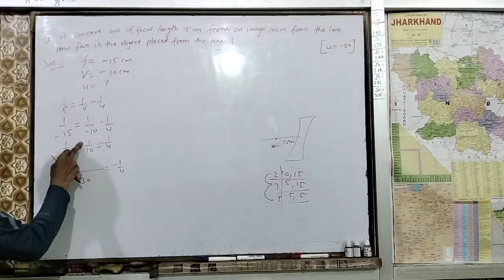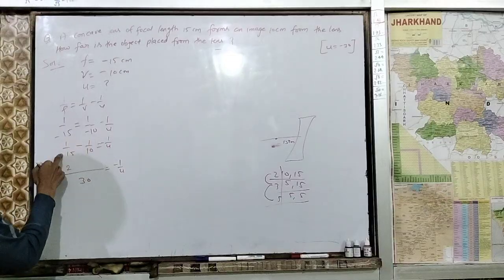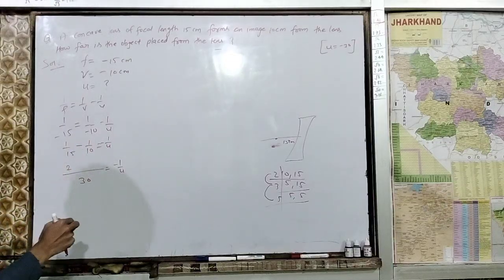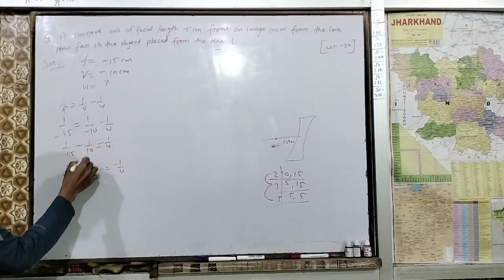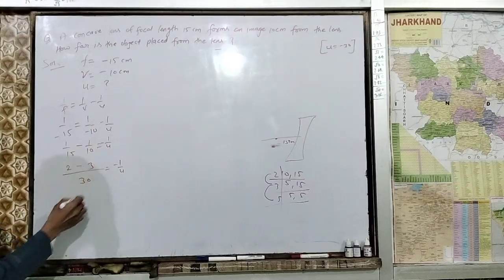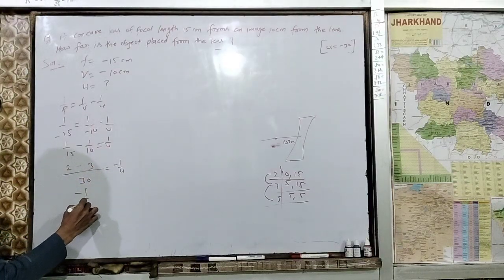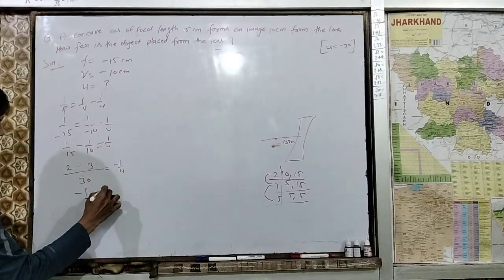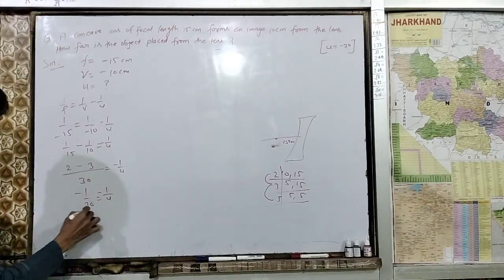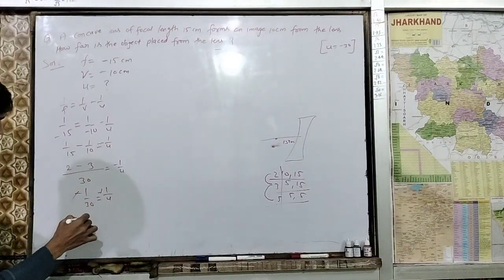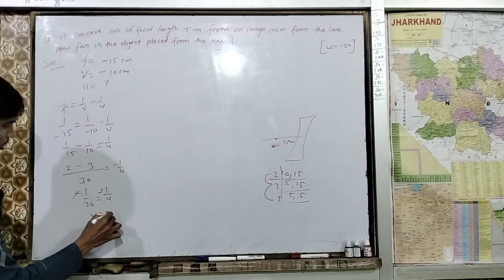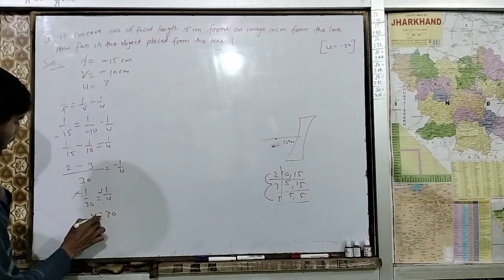Can you say that it will become minus plus minus? Yes. So minus 10 threes are 30. It's giving you minus 1 upon 30 is equal to minus 1 upon u. Both will cancel. So u is coming as 30.